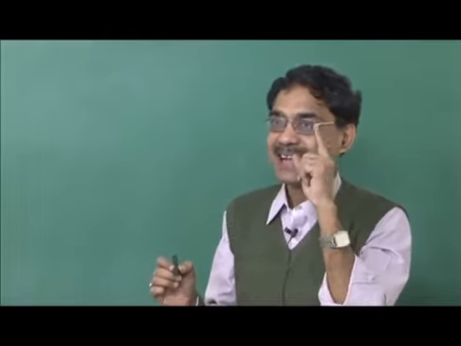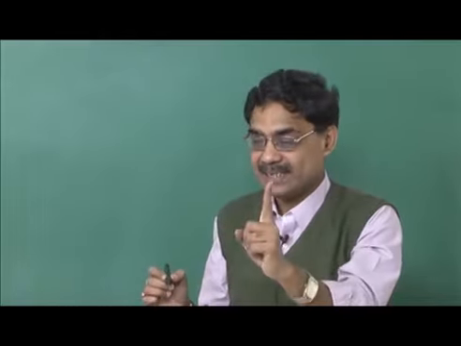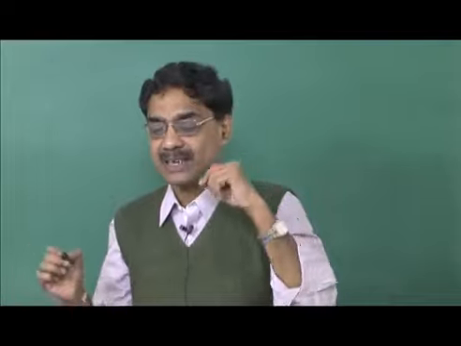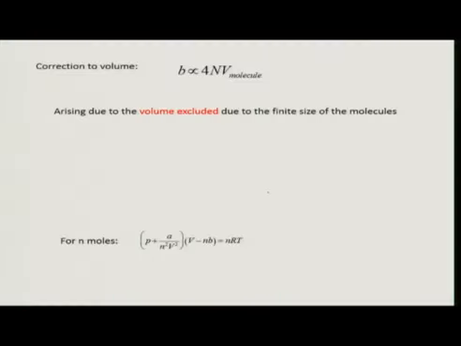In that case, I explicitly calculated with some phenomenological arguments that B should be proportional to 4 times the number of molecules in the container and then the volume of a particular molecule, which I calculated. I showed, assuming they are spherical molecules, this expression is 4/3 pi (d/2) cubed. This is the volume of a molecule. Okay? So, B is proportional to the volume of the molecule.